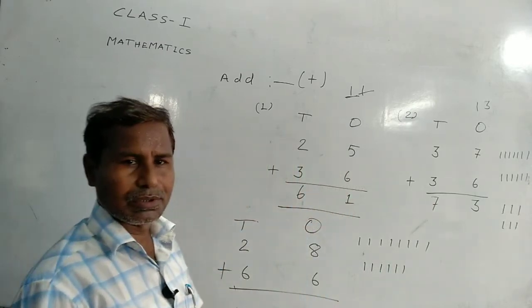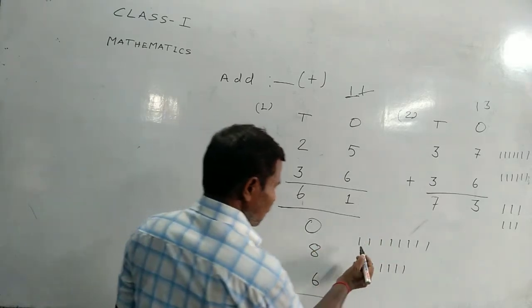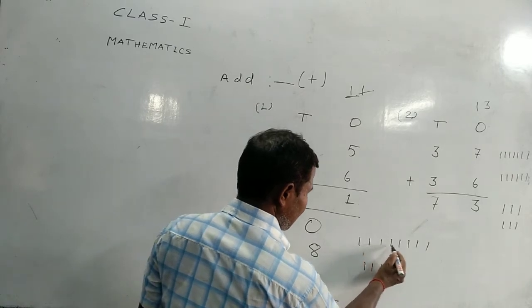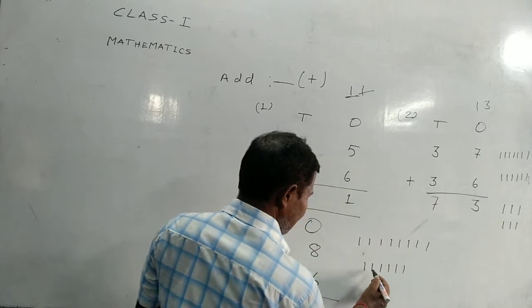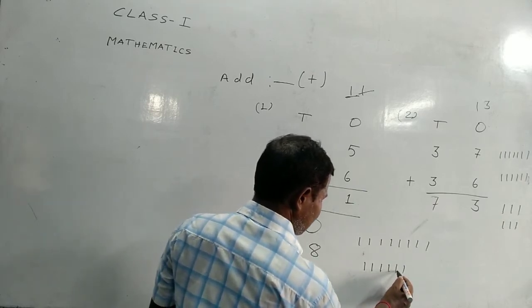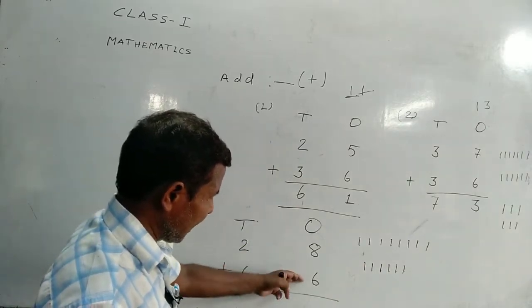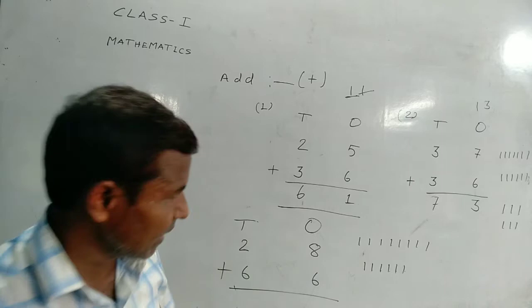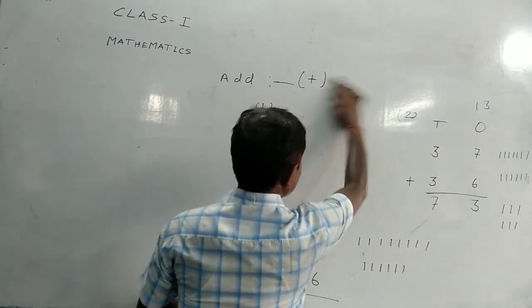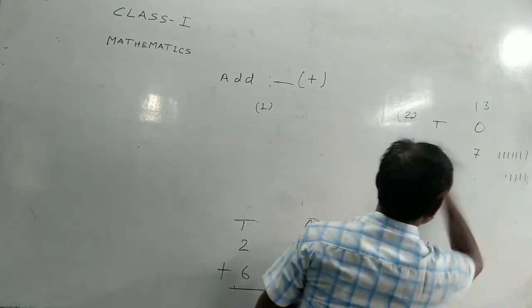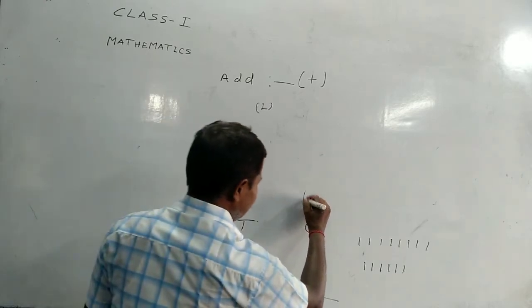Now count the total number of lines. 1, 2, 3, 4, 5, 6, 7, 8, 9, 10, 11, 12, 13 and 14. The sum of 8 and 6 is 14. Now write here 14.